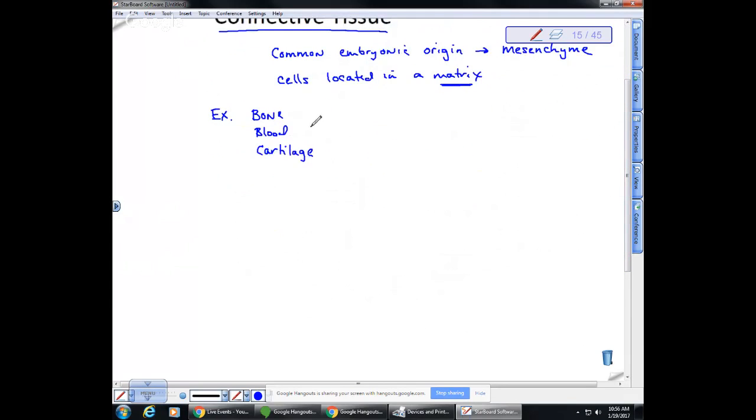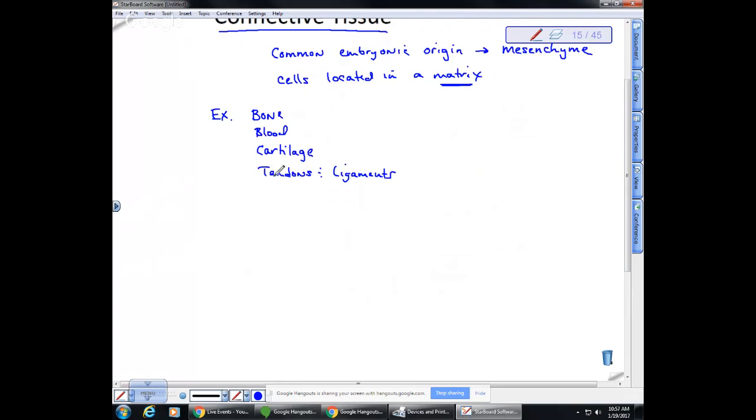We also have tendons and ligaments, which we'll talk about when we get to the skeletal system. Tendons connect muscles to bones. Ligaments connect bone to bone.